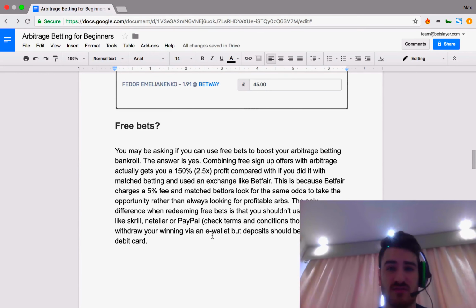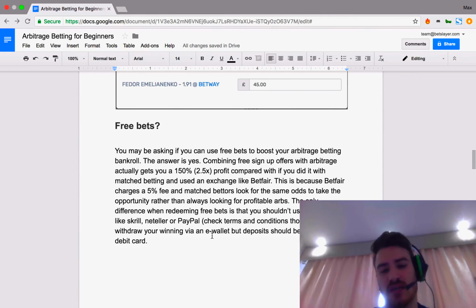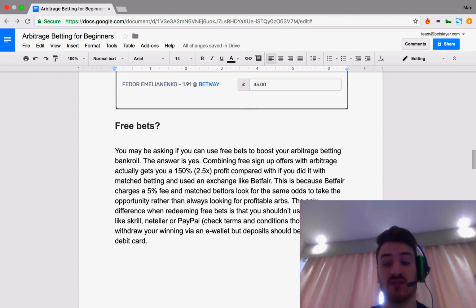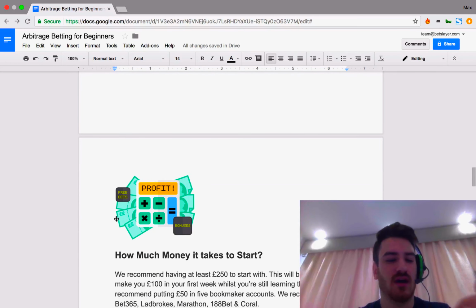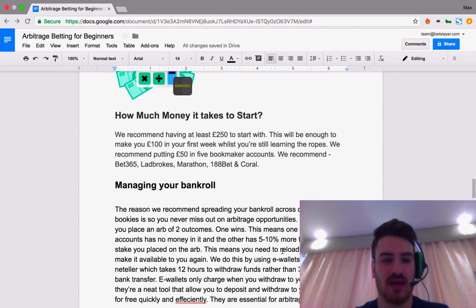The only difference is the initial deposit to claim these free bets. You can't use an e-wallet like Skrill, Neteller or PayPal. Always check terms and conditions because sometimes maybe you can, but for the most part you need to deposit via your credit or debit card. I think it's just to verify you and make sure everything's okay.